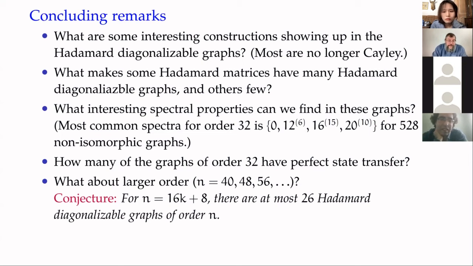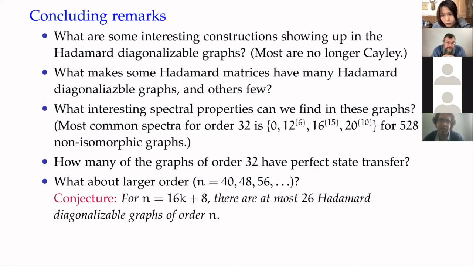Now, I will say, on very flimsy data, like I said, we did run the Hadamard matrices through. Remember, we had this nice result that if you're 8k plus 4, there are exactly 4 and only 4. For 16k plus 8, we looked at the data we can produce.